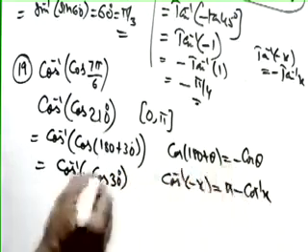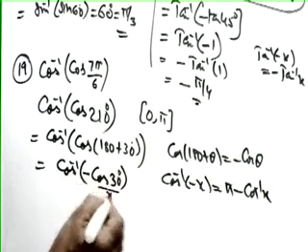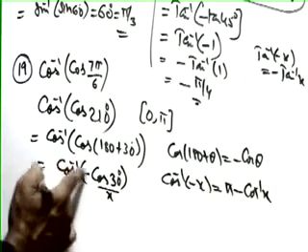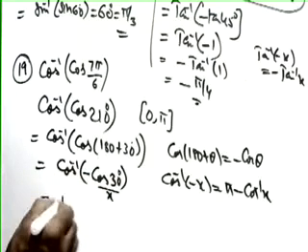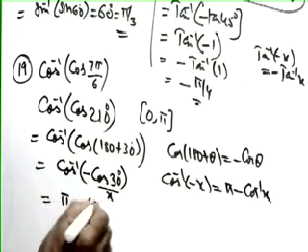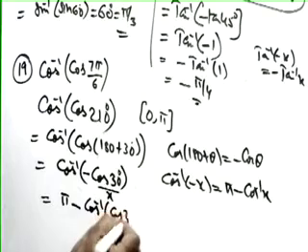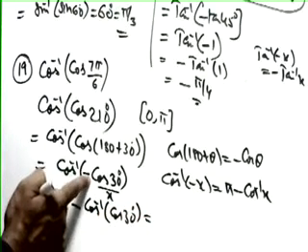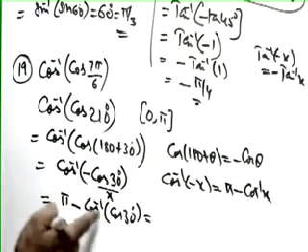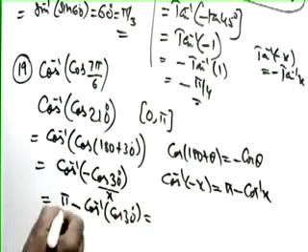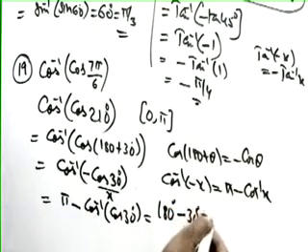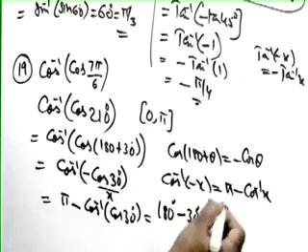Cos inverse of minus x is pi minus cos inverse x. Pi is 180, and cos inverse cos will cancel, so we are just left with 180 minus 30 degrees.